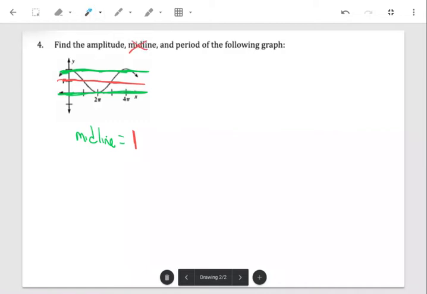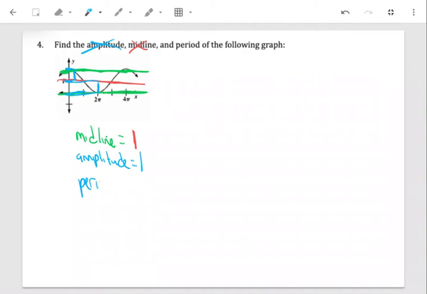So we are looking for this distance right here or this distance right here. Doesn't matter. Either way, this goes from 1 to 2. Okay? This goes from 0 to 1. Either way, that's a distance of 1. So the amplitude in this case is also 1.